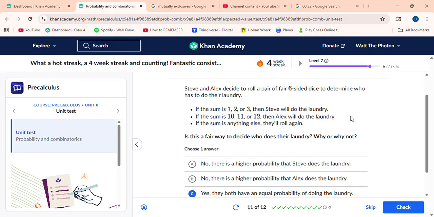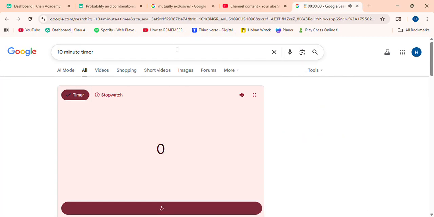Should be the same. No, it might not. I think it has to be the same. It's a pair of 6-sided dice.